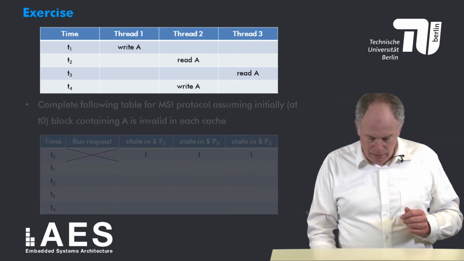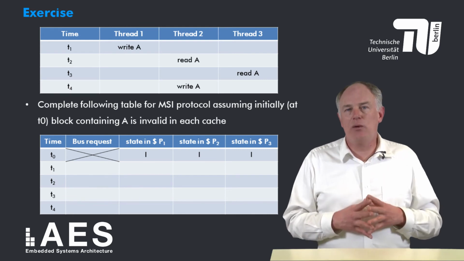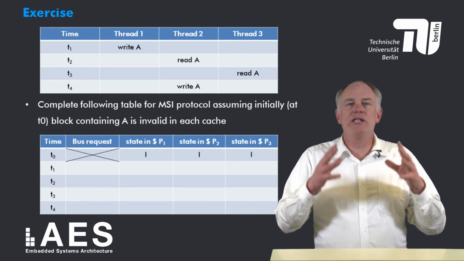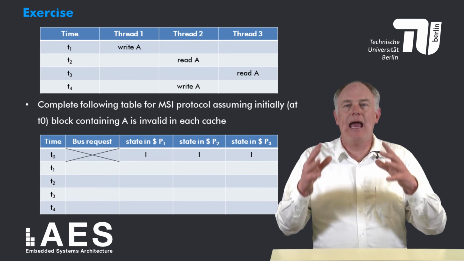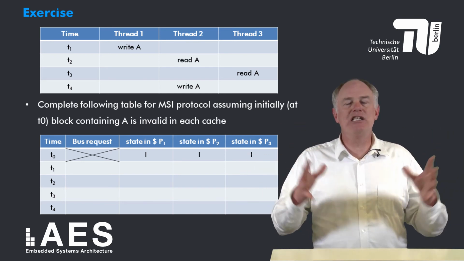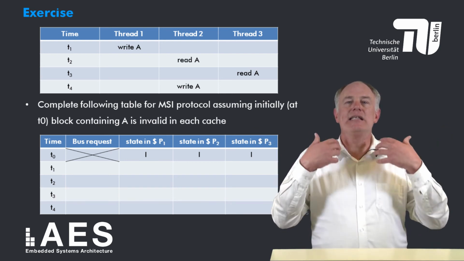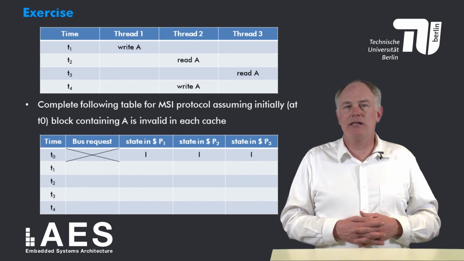In the following table, for every time step, indicate the request that will be placed on the bus and the state of the cache block containing A in each of the 3 private caches, assuming that initially at time t0 the block containing A is invalid in each private cache.